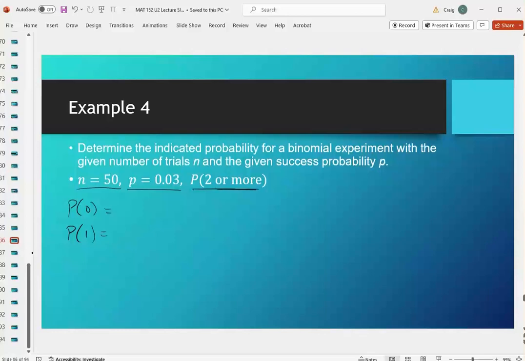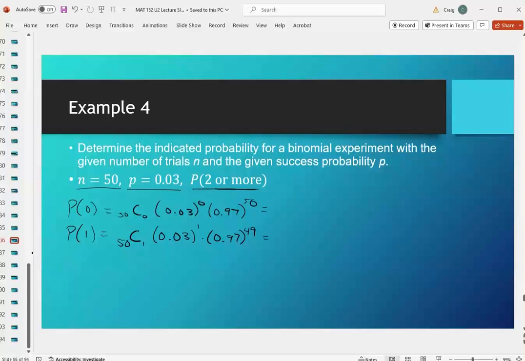Okay, so the probability of 0 in this case, 50 choose 0 times 0.03 to the 0 power times 0.97 to the 50th power. And then we're going to use 50 choose 1, 0.03 to the first power. And now it's much easier to calculate this twice.